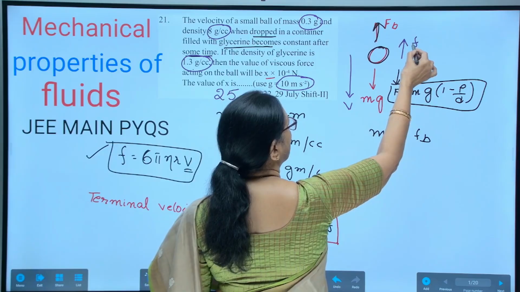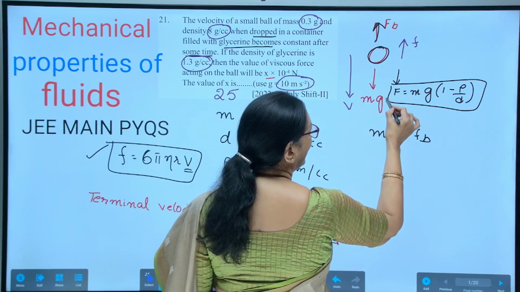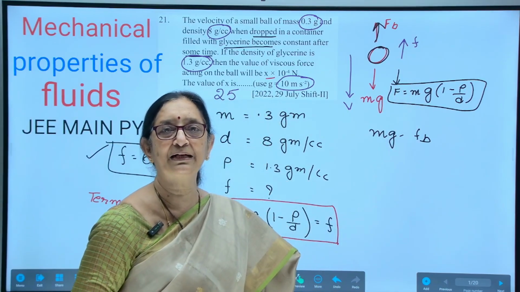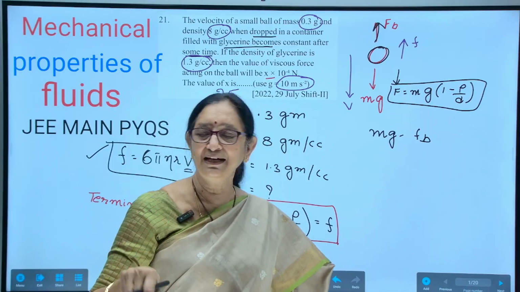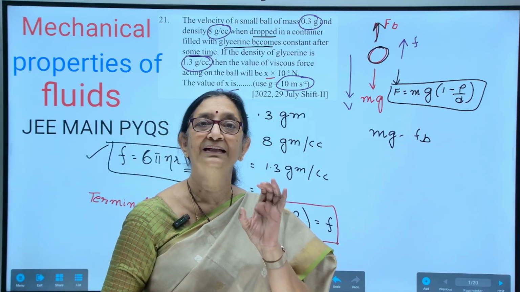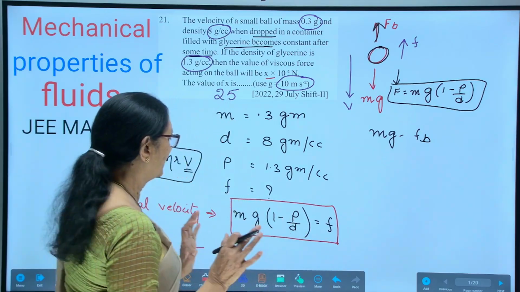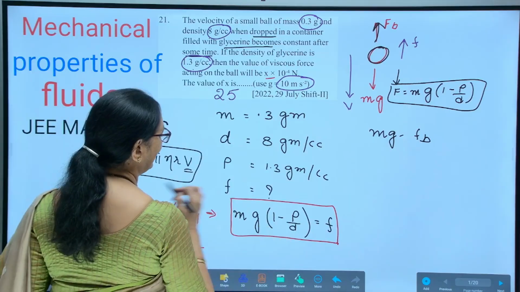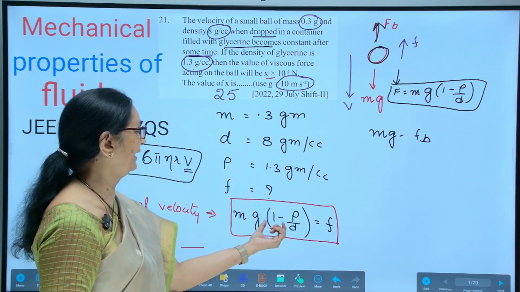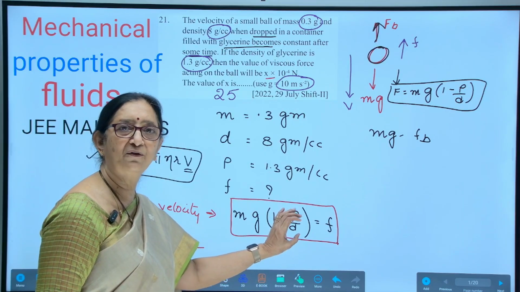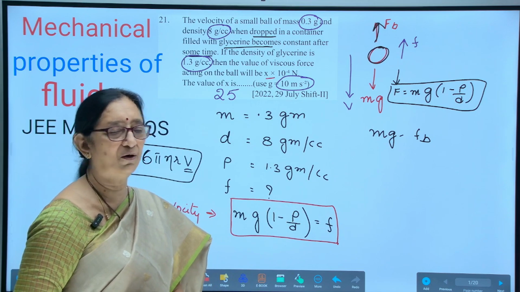When this viscous force exactly balances the downward force, net force on it becomes equal to 0 and from then onwards the object moves with terminal velocity as its acceleration is 0. So, here this is the equation: mg into 1 minus rho by d, that is weight minus buoyant force, is the net downward force acting on the object.